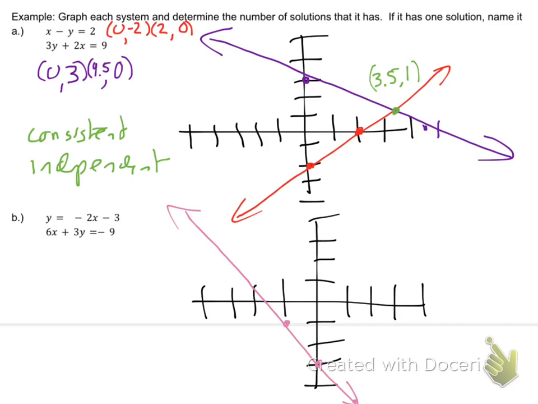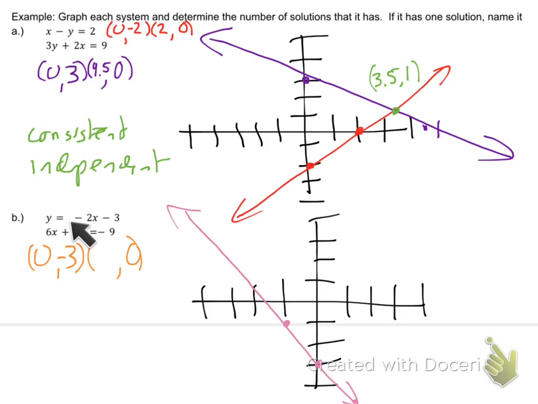Changing to the other one to do the cover-up method, put my zeros in. It's in order, so that's good. Put a 0 in. 3y equals -9. Divide by 3 to get -3. That's nice. And then I can cover up the y.